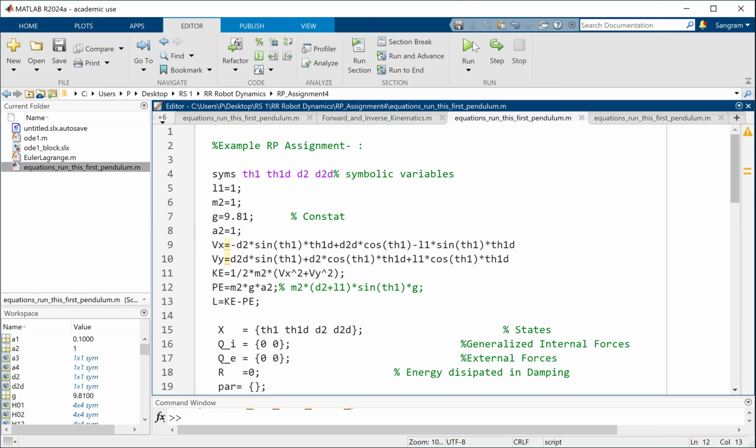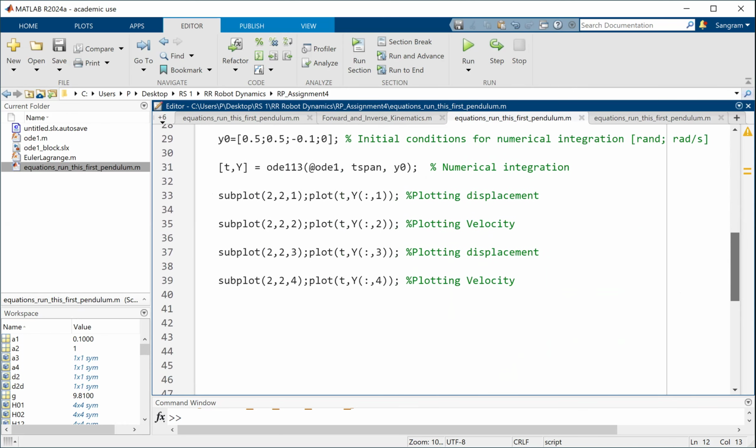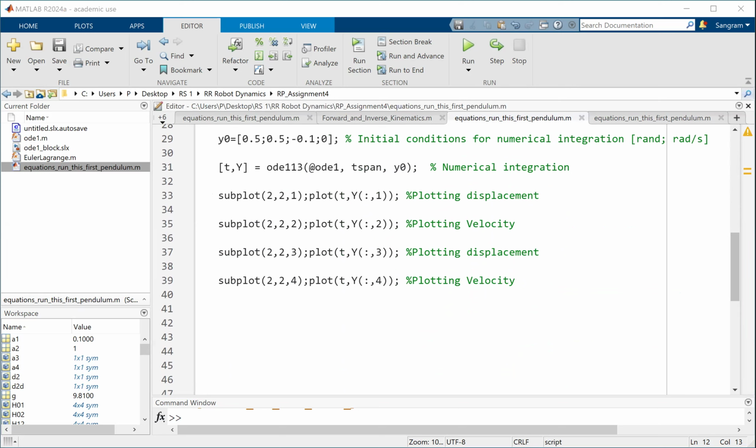We'll work on those a little bit later, but I want you to understand what the code looks like. And then you run the Euler-Lagrange, and then you will generate these plots: theta 1, derivative of theta 1, displacement d2, and derivative of displacement d2.